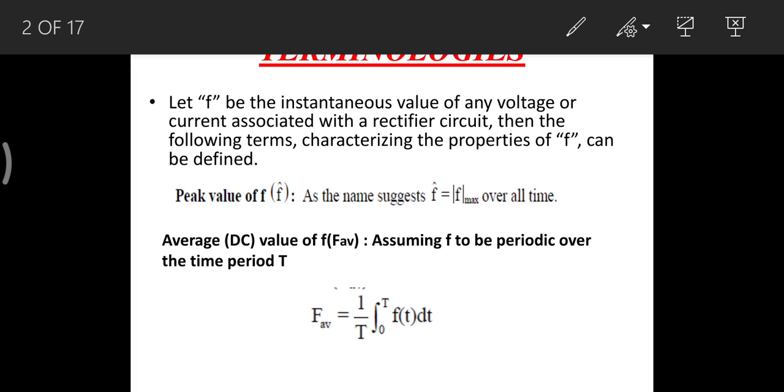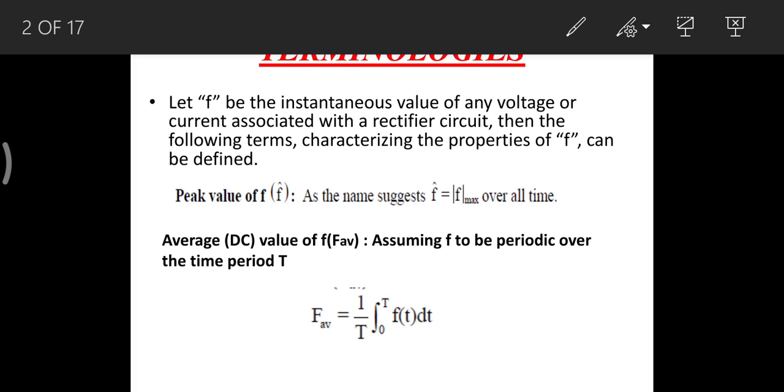Let us consider a waveform. Here we generally use AC as the input. Let us consider an AC sinusoidal waveform, which is expressed with a mathematical function.